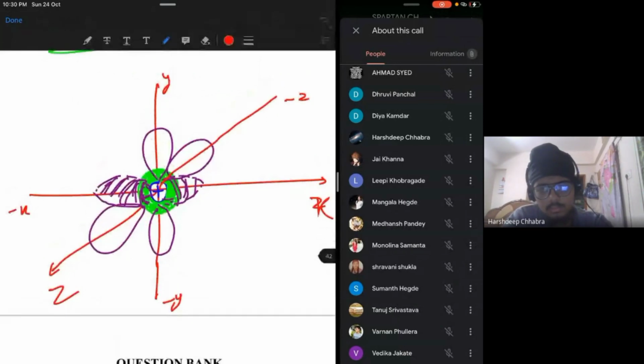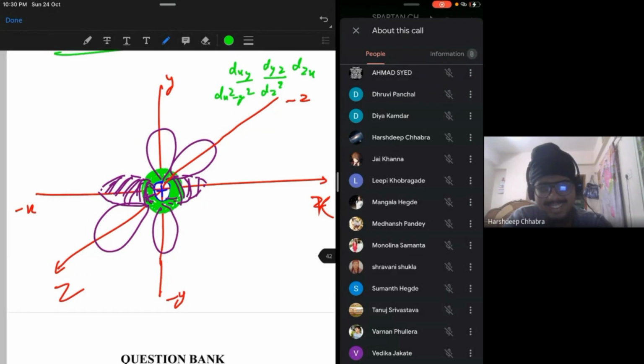Now let me change the color. After p we have d. We have dxy, dyz, dzx, dx² - y², and dz².